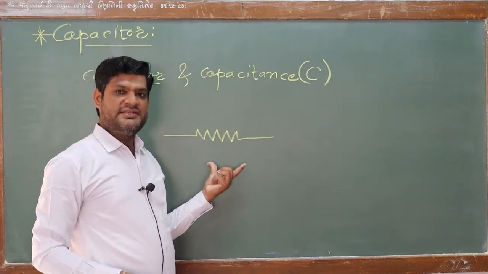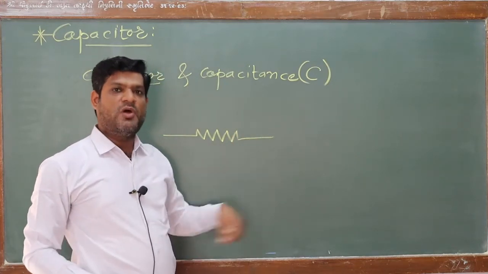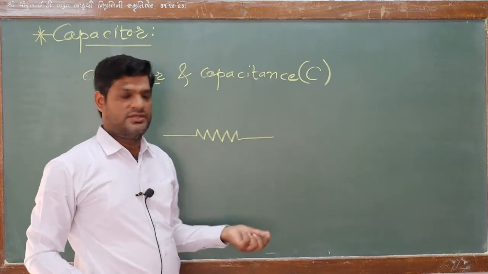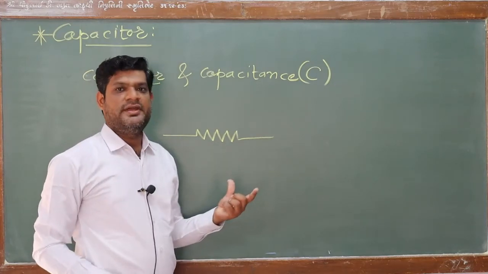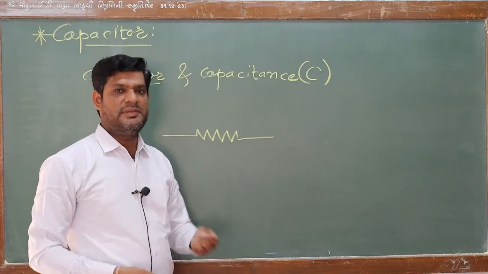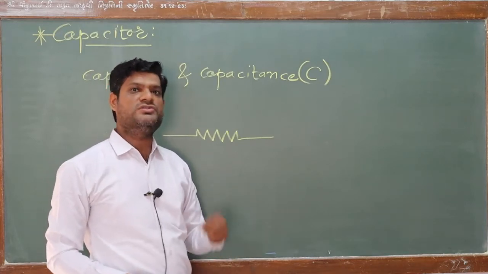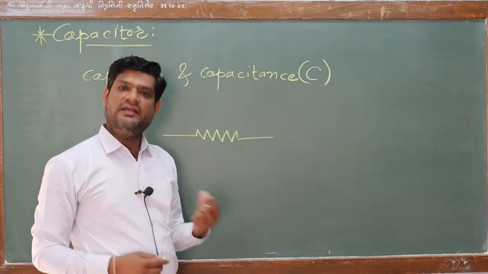The name of device is resistor and its property is resistance. What is resistance? It opposes the current. The property of resistor to oppose the current is known as the resistance.